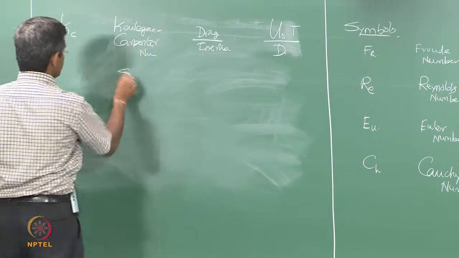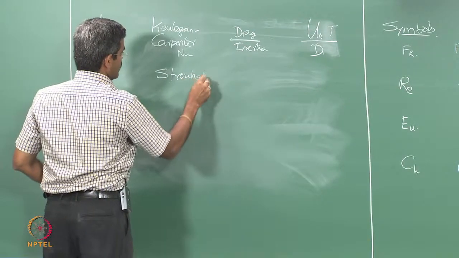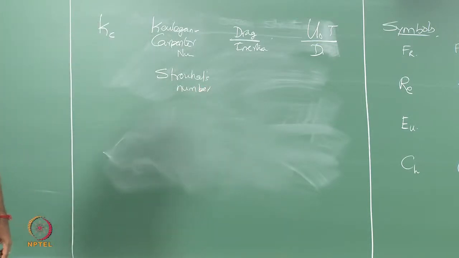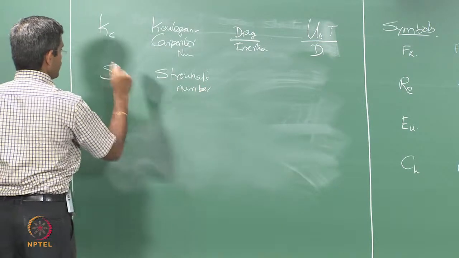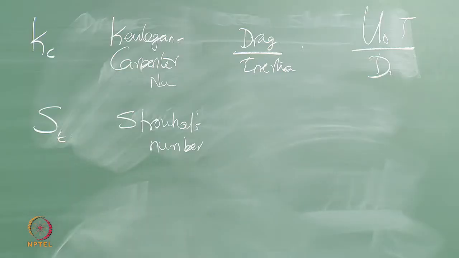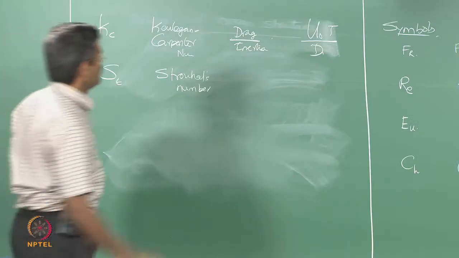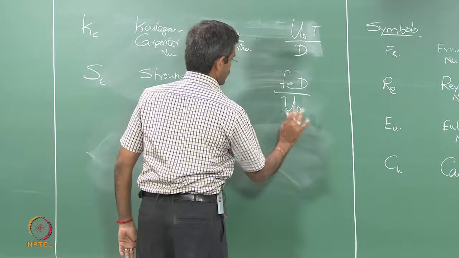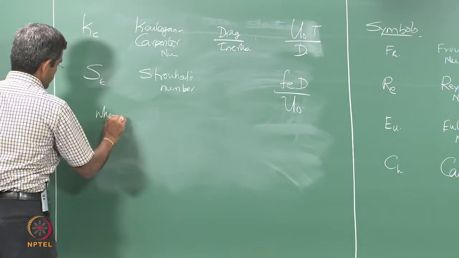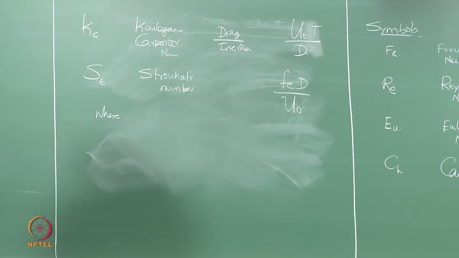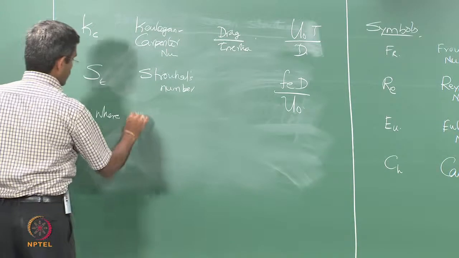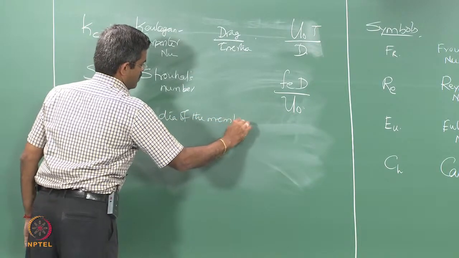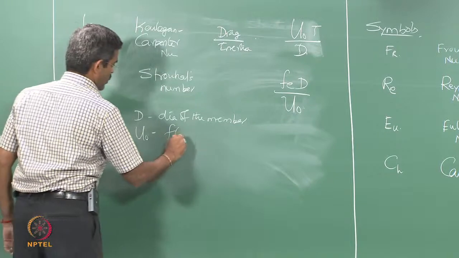Stokes number, given by St, by u naught, where d is the diameter of the member, u naught is the flow velocity.